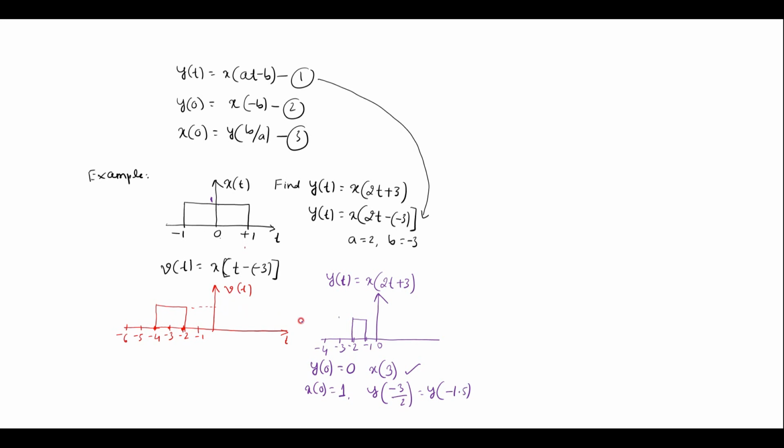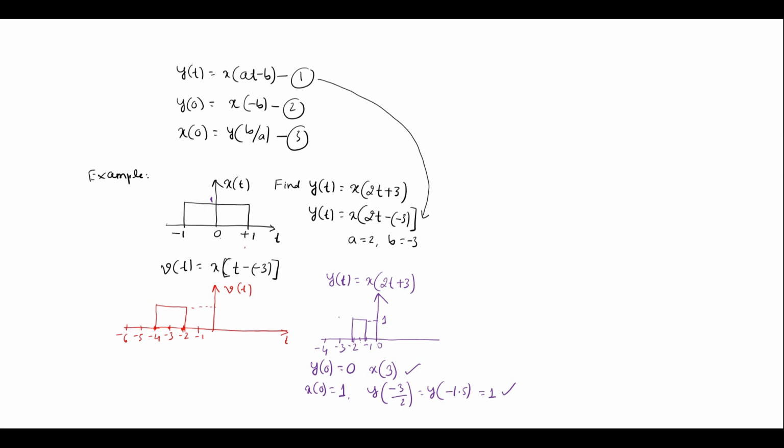This is the y signal, this is -1, so in between is -1.5. The value of y of t at t equal to -1.5 has amplitude 1, which is also equal to 1. So this satisfies equation number 3. So this y of t satisfies equation 2 and 3. Therefore, we conclude that we are supposed to perform the shifting operation first, then the scaling operation.